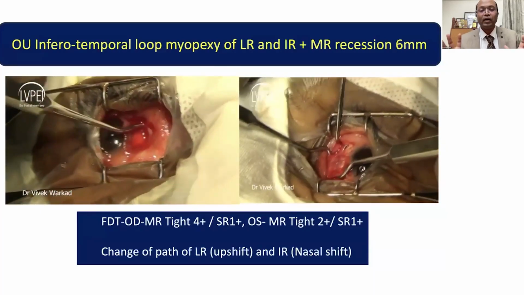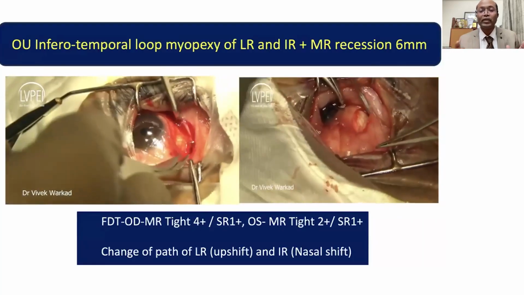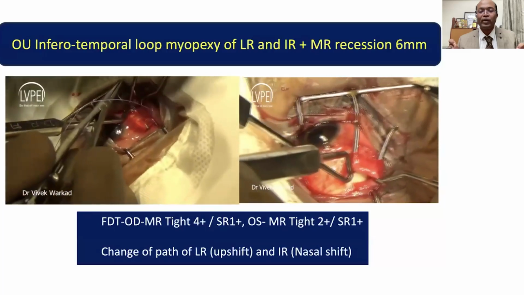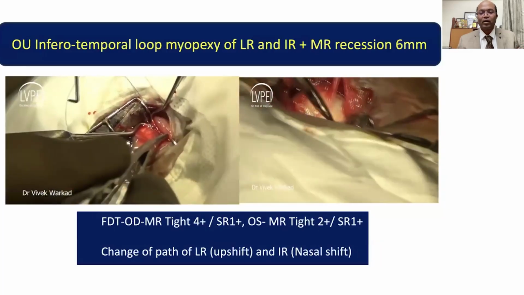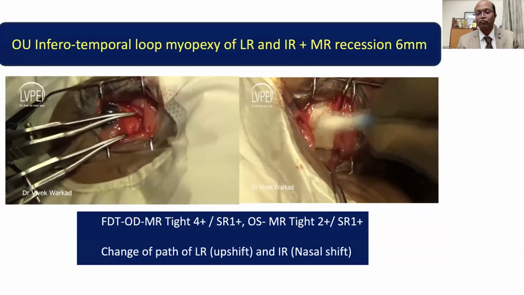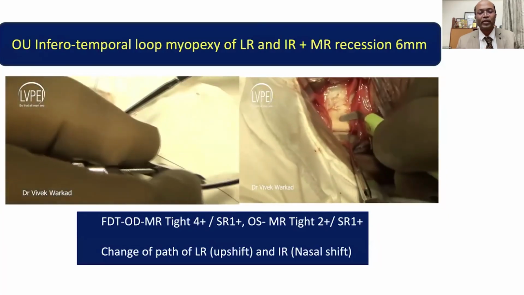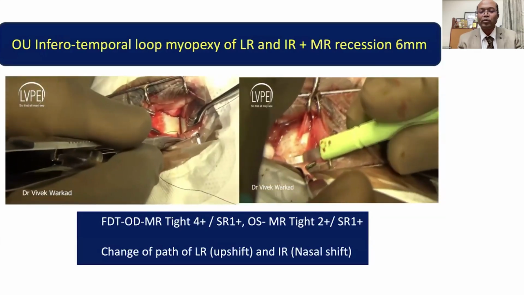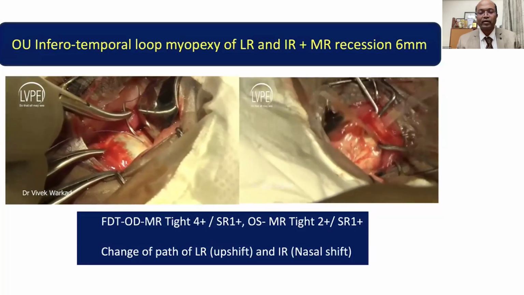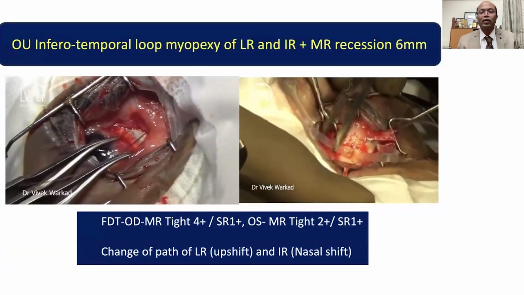So here we did bilateral medial rectus recession, as you can appreciate in this video, along with bilateral inferonasal loop myopexy, looping the lateral rectus and inferior rectus, considering the very obvious pathophysiological mechanism which was proven on imaging. On table also, I could appreciate that there was a complete upshift of the lateral rectus and nasal shift of the inferior rectus. And that's how we were able to achieve a great outcome.